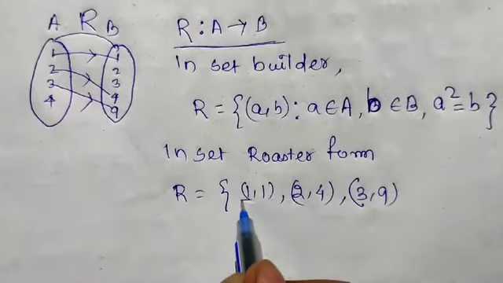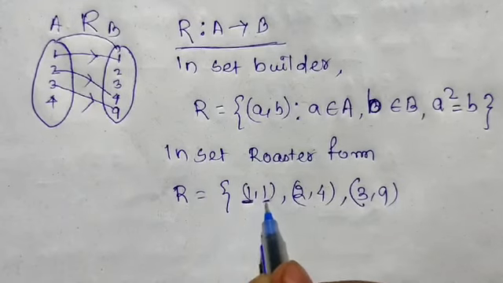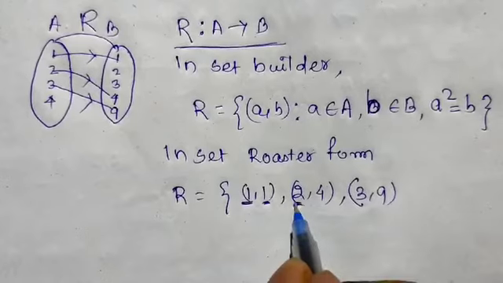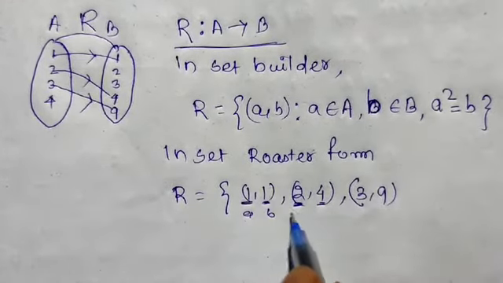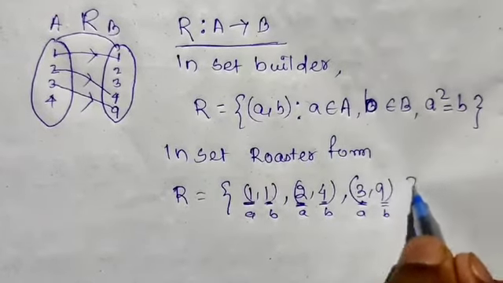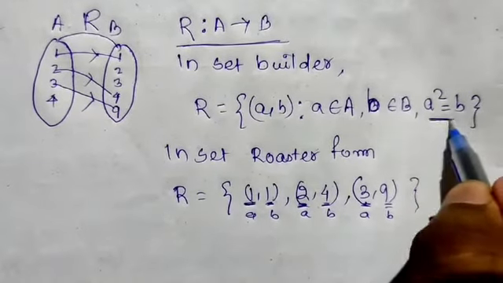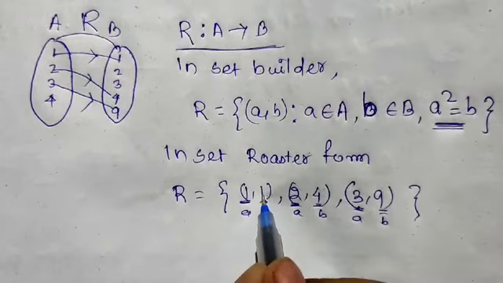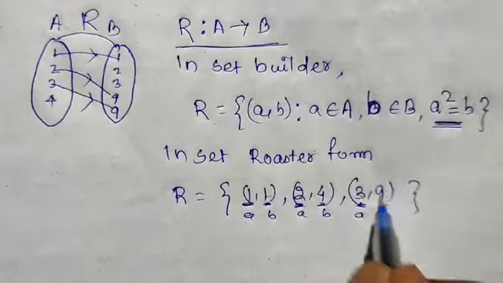Here 1 is an element of set A and 1 is an element of set B. 2 is an element of set A, 4 is an element of set B. These are related by this rule, means a square is equal to b: 1 square is equal to 1, 2 square is equal to 4, 3 square is equal to 9.